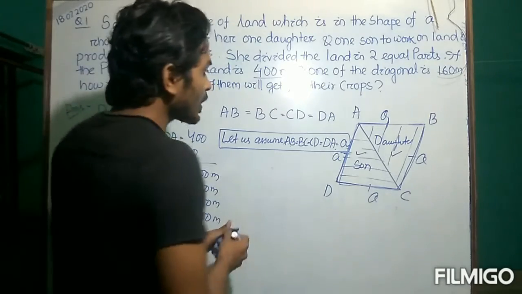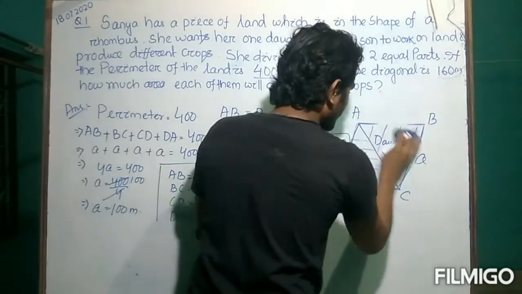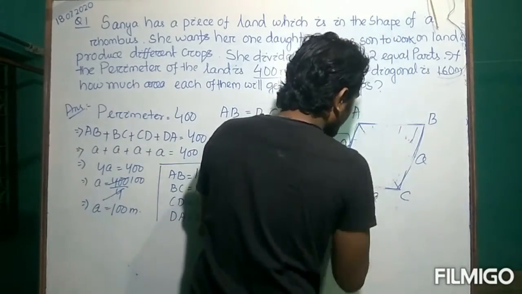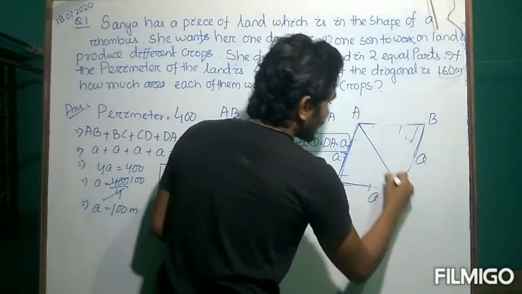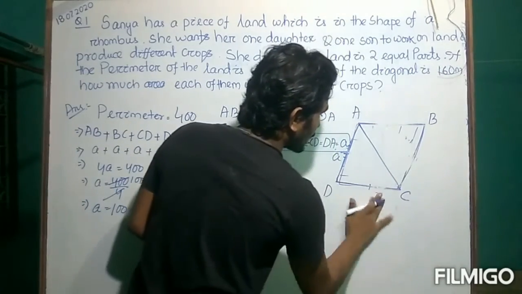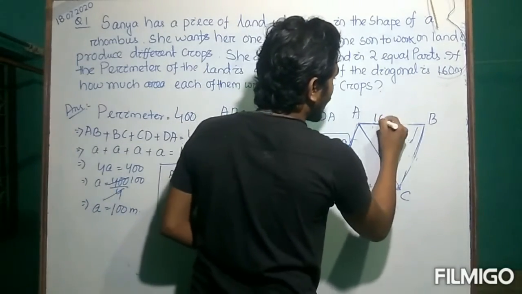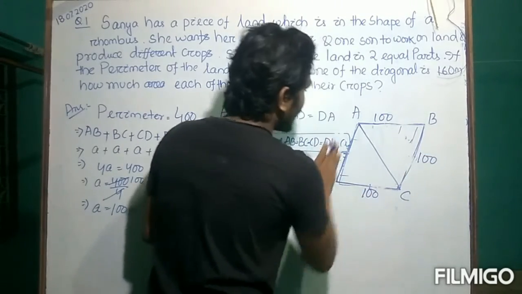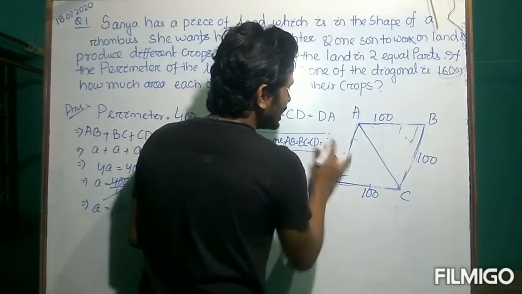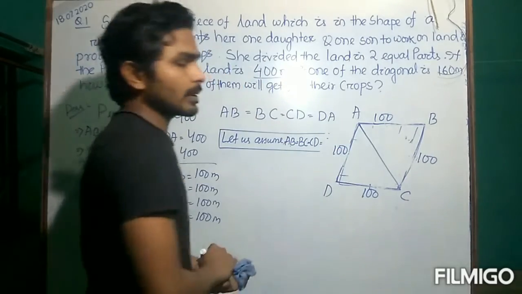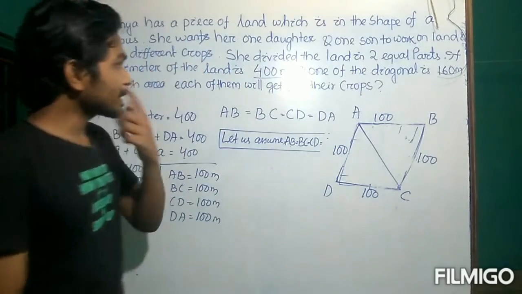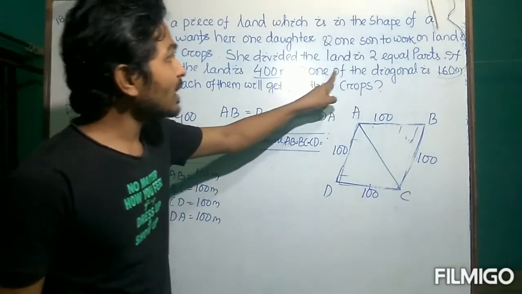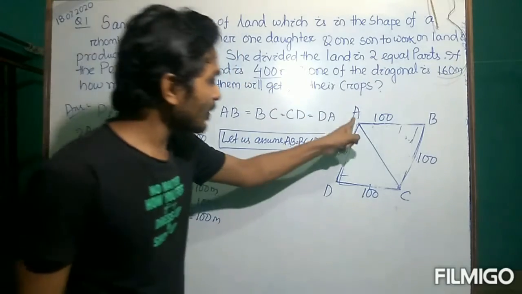Now it is clear. So I can write this in the diagram. This length is 100, this length is 100, this length is 100 and this length is 100. Okay, it is clear now. Next, continue reading. And one of the diagonals, which is the diagonal?